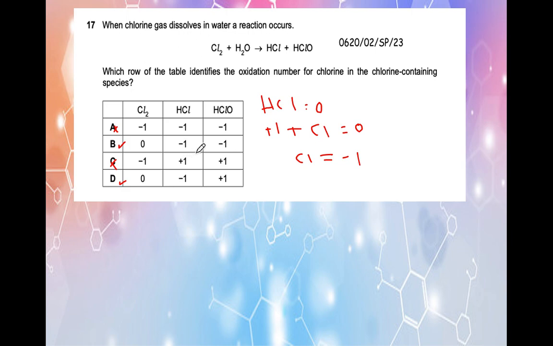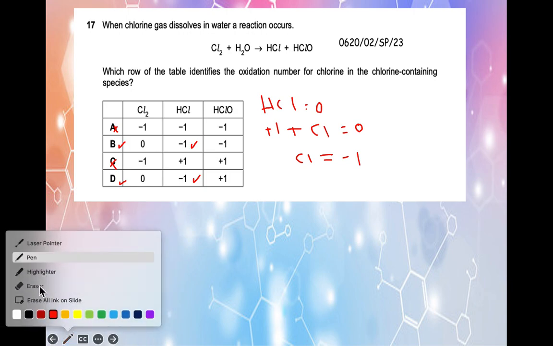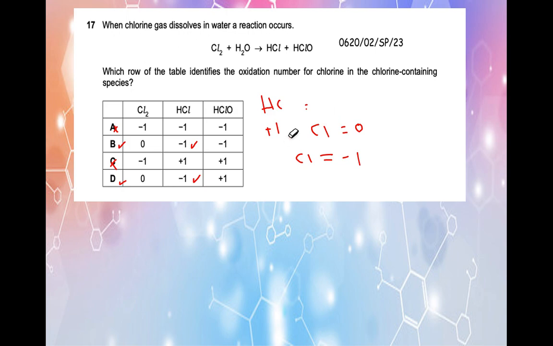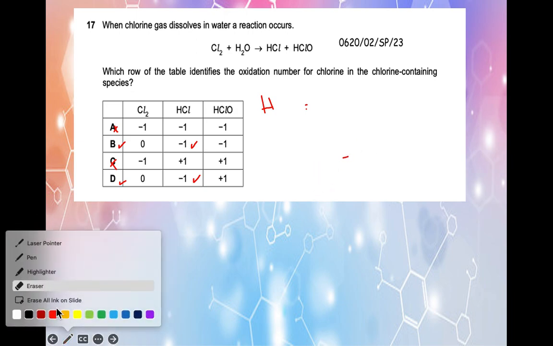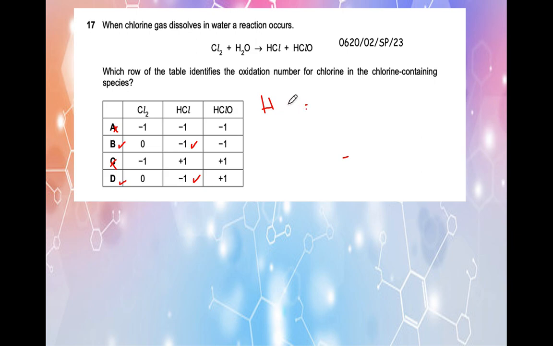So we're going to see -1 here and -1 here. So still we can't choose the answer. Then we need to know the other compound, which is HClO, hypochlorous acid. So HClO equals 0.